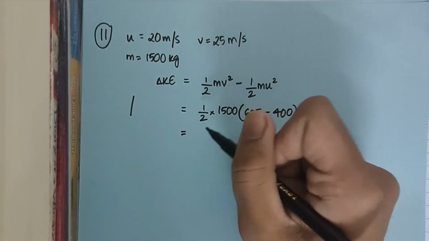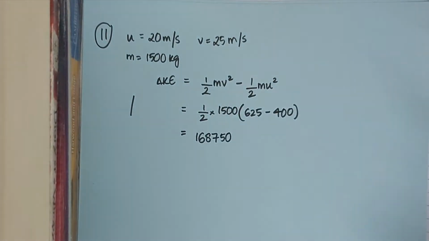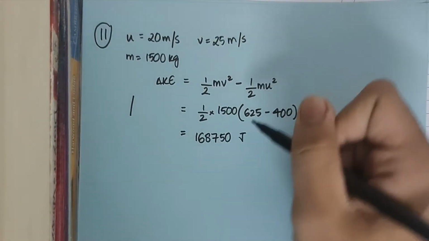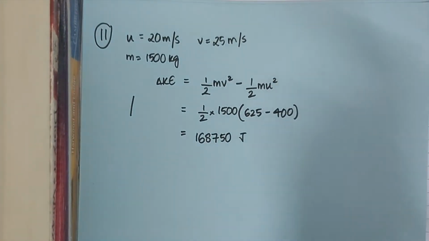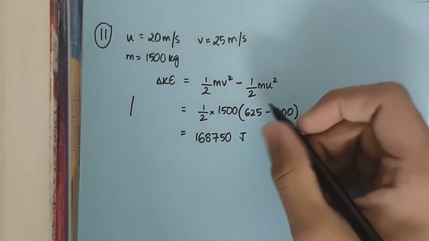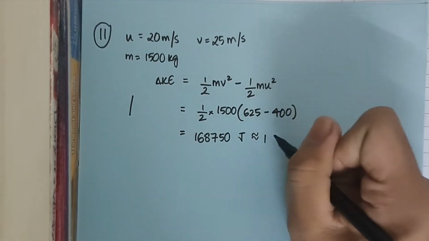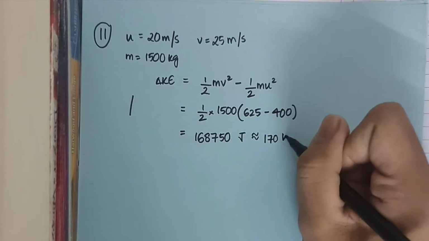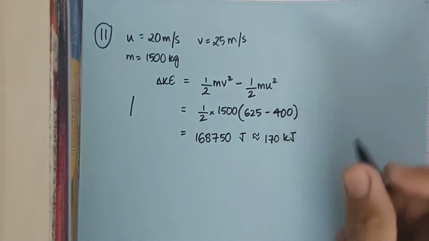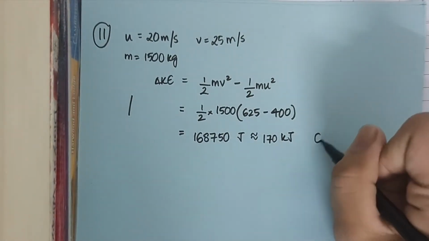This is equal to 168,750 joules, because the change in energy is also in joules. Now we can approximate this to 170 kilojoules. So the answer we have is C.